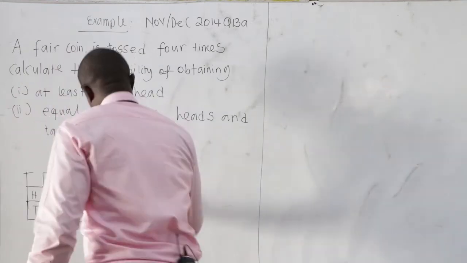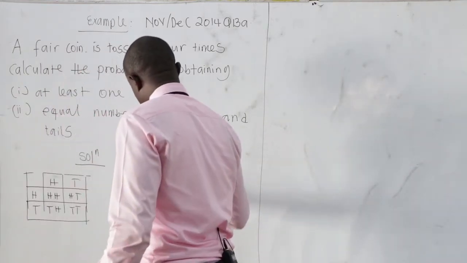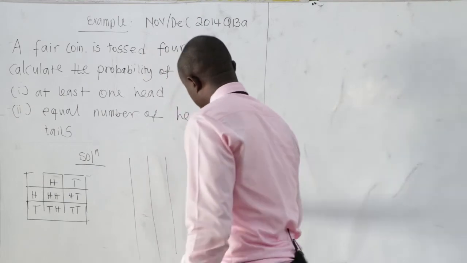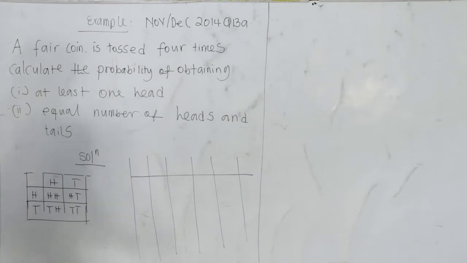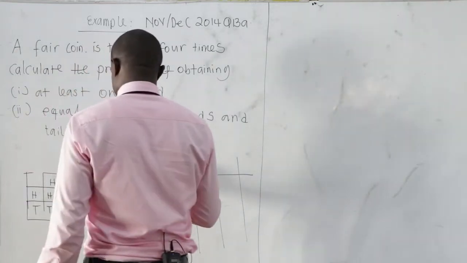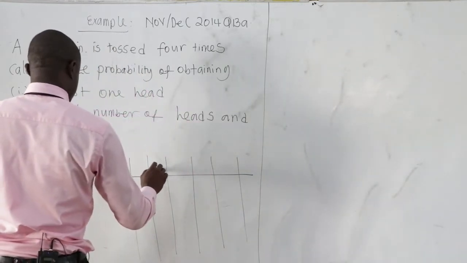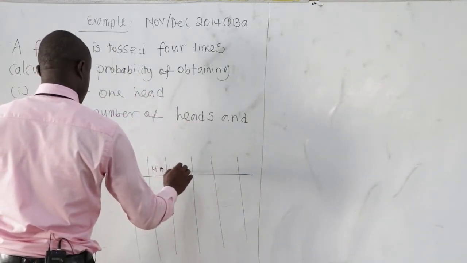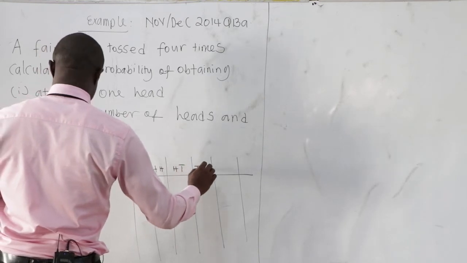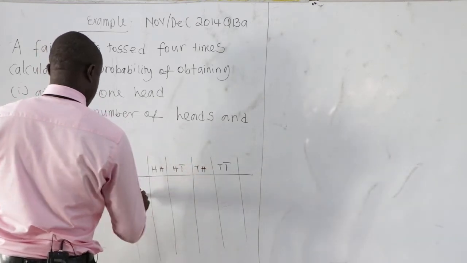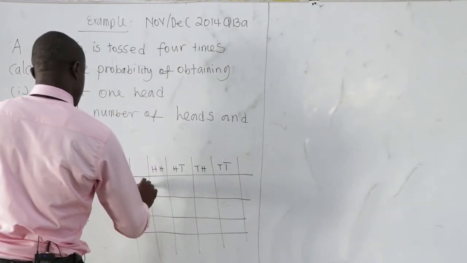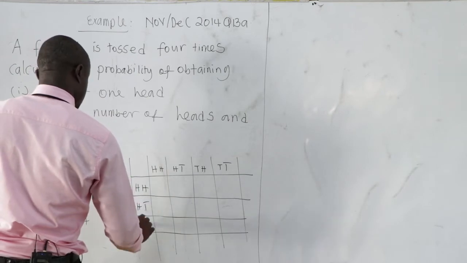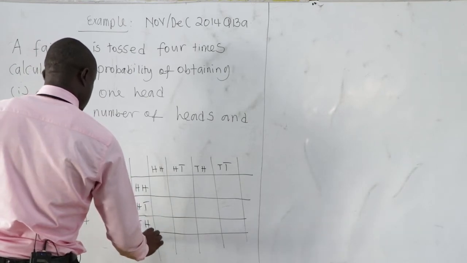So hence, if it is 4, so this is 2, so we'll bring 1 here. So we have head, head, head, tail, tail, head, tail, tail.